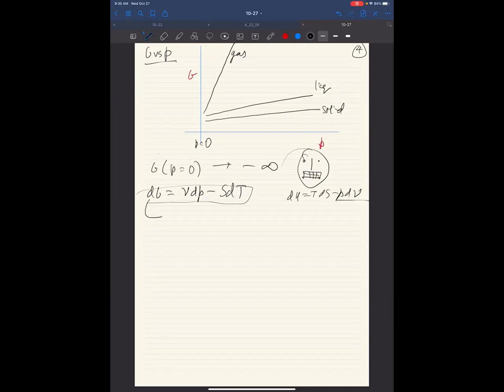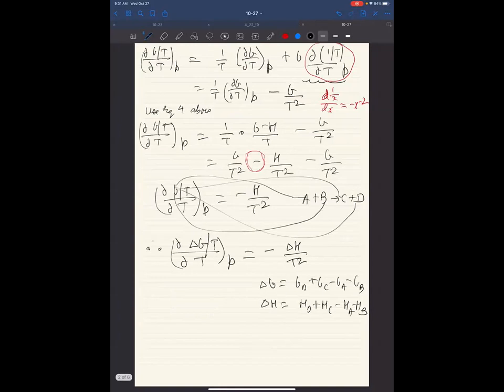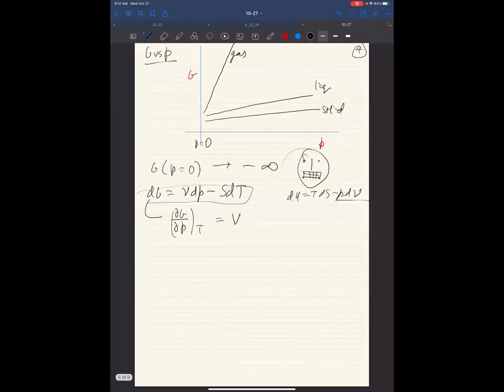But given that, with this equation, we can write partial G by partial P at constant T is equal to V. So if we look at this equation, and how far did we number? We went up to equation 4. So the next one is equation 5.